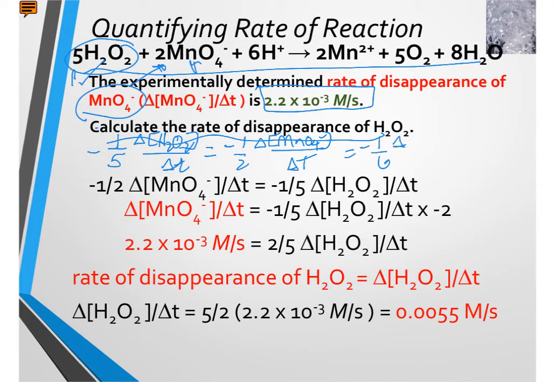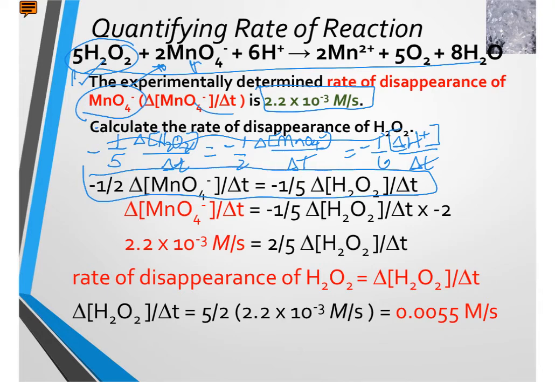But you don't need to do that because they've only asked you to compare 2 substances. So we only need to write it for the 2 substances that are involved in the problem, which is permanganate, which they gave us the value for, and hydrogen peroxide, which they are asking us about. So I'm going to follow the rules just for those.